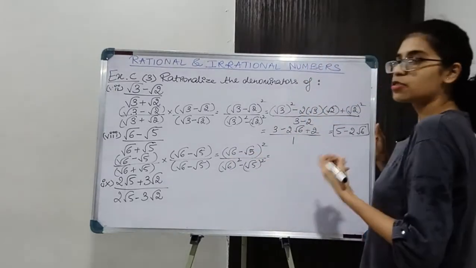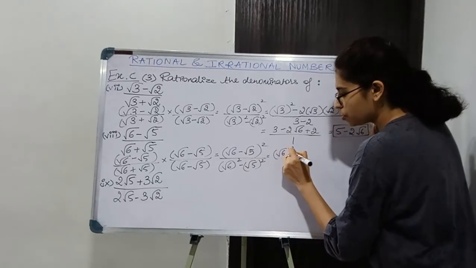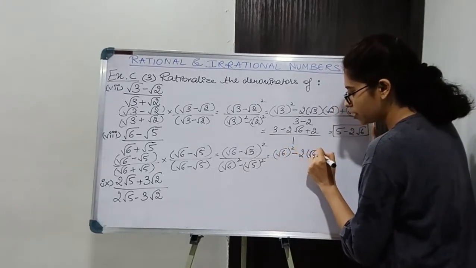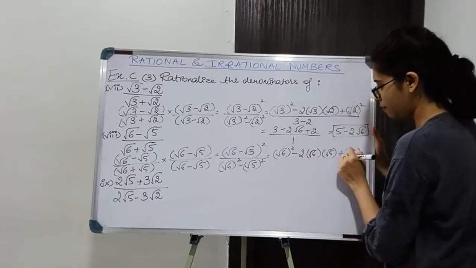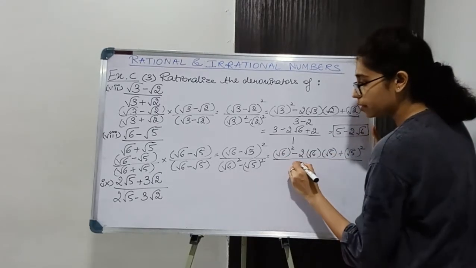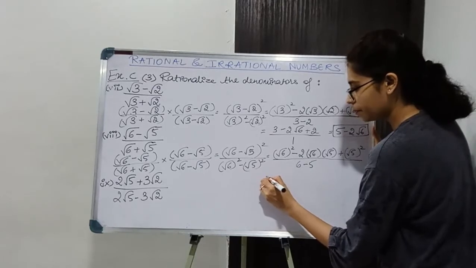I'll expand this. It is of the form a minus b the whole square, so it becomes root 6 square minus 2 into root 6 into root 5 plus root 5 square. Over here 6 minus 5, again I'll get 1.